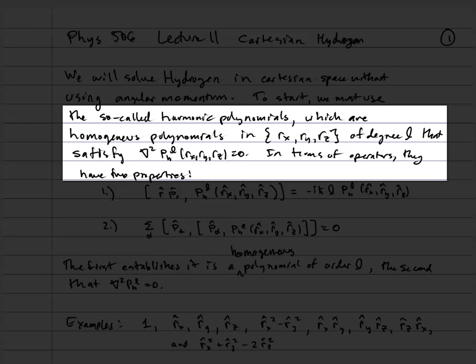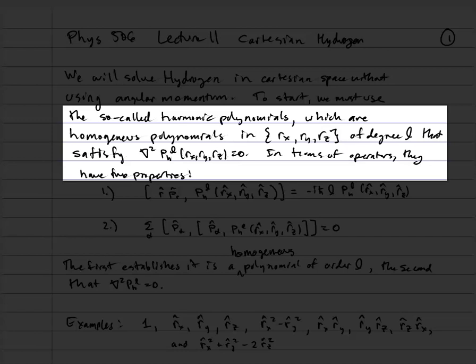In particular, except for the homogeneous polynomial of degree 0, no homogeneous polynomials have constant terms. And they also solve Laplace's equation. So del squared acting on a harmonic polynomial is equal to 0. Those are the two defining relations of the harmonic polynomials.